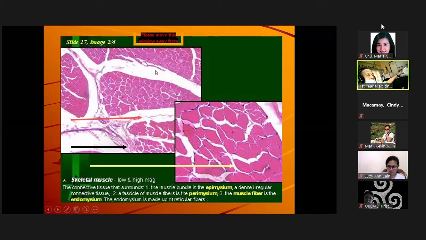While this one covers the entire muscle. So this one here, up to there, until the entire muscle is covered, that would be also dense connective tissue. So you know now the epimysium, the perimysium and the endomysium. Epi outside, peri middle, endo is the inner one or the specific muscle.